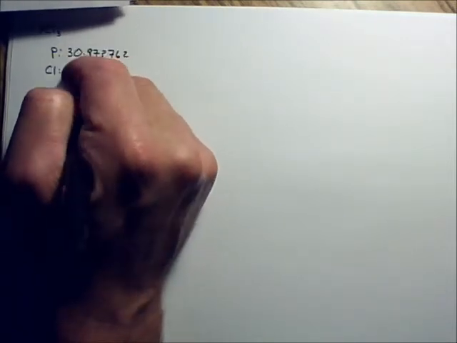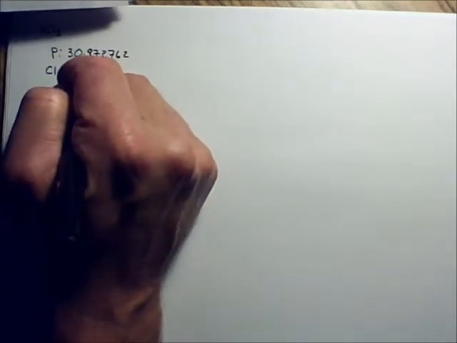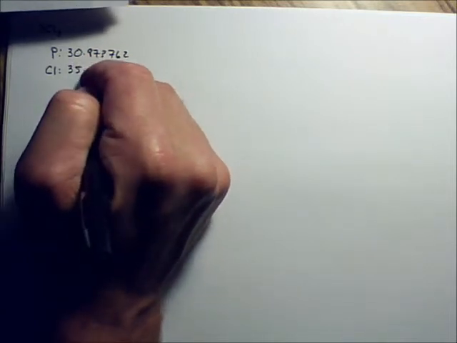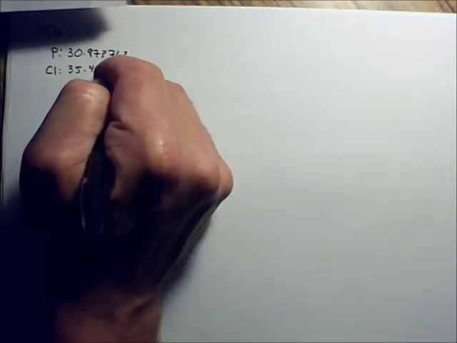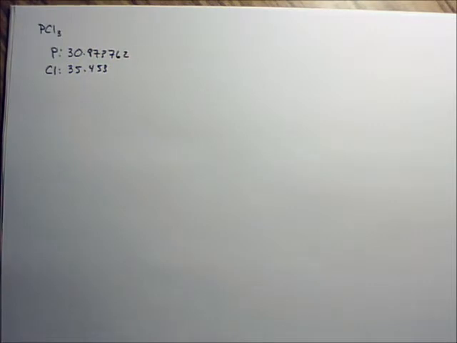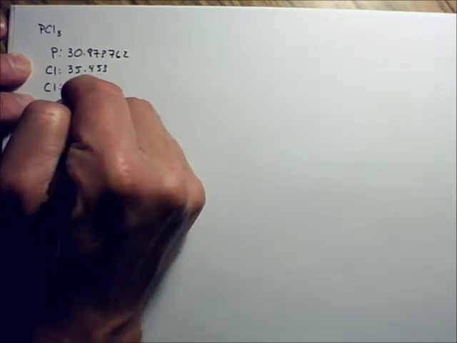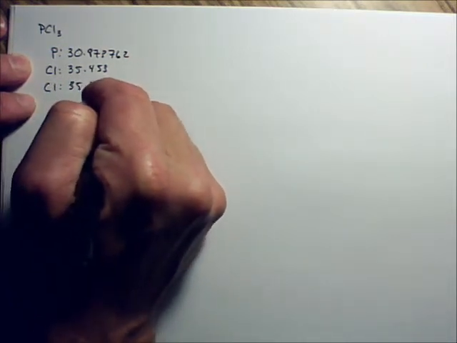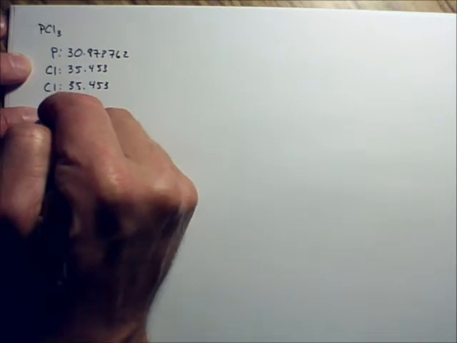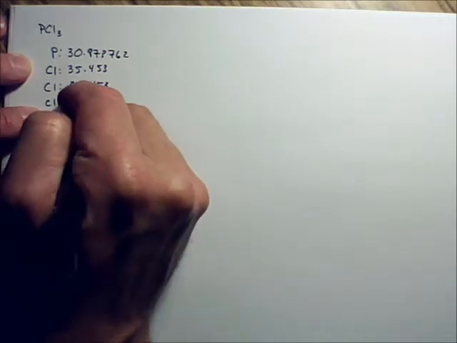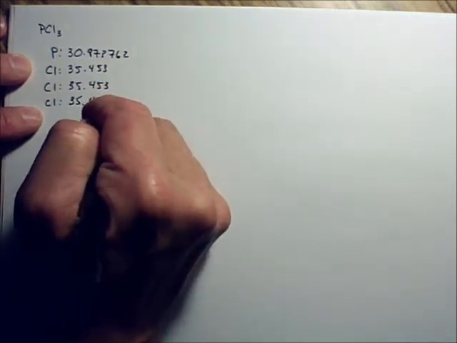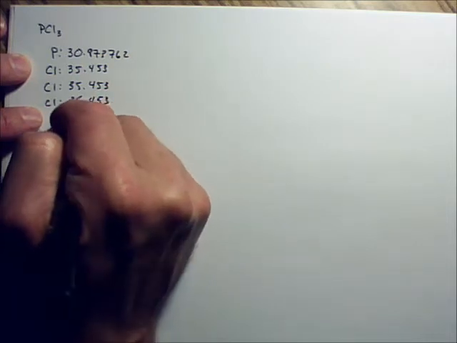And then chlorine is going to be 35.453. But I have 3 of them, and since it's the sum of all the atoms, I've got to add it 3 times. Don't get ahead of me here. We're going to do that in a minute.